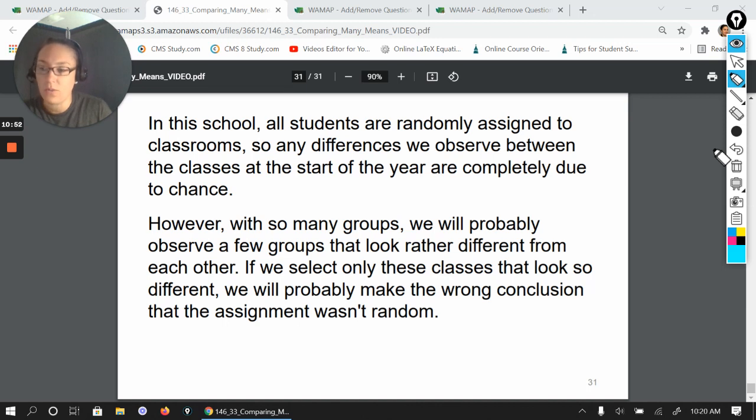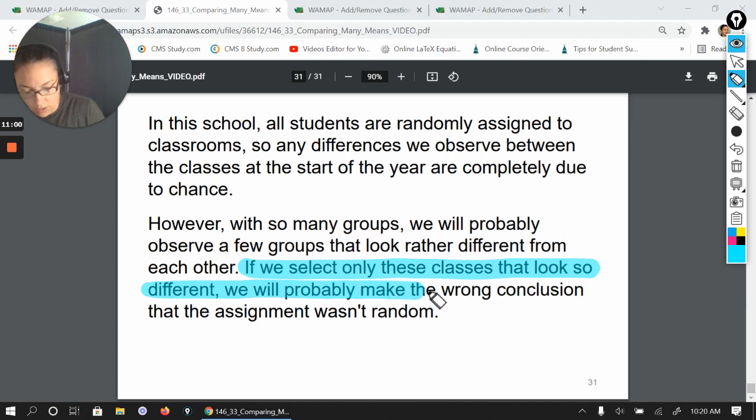However, with so many groups, we will probably observe a few groups that look rather different from each other. If we select only these classes that look so different, we will probably make the wrong conclusion that the assignment wasn't random.